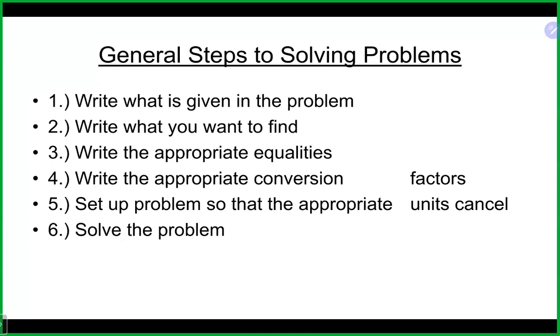Then you want to find the appropriate pathway to get you to your answer. And again, if you're doing a straight conversion, it could be multiple ways you go, depending on what conversion factors you use. So there can be multiple ways to get to the same answer if you choose legitimate conversion factors. But you want to think about what equalities will get you there. You want to think about what conversion factors you have for that.